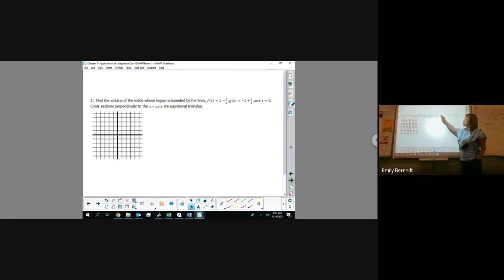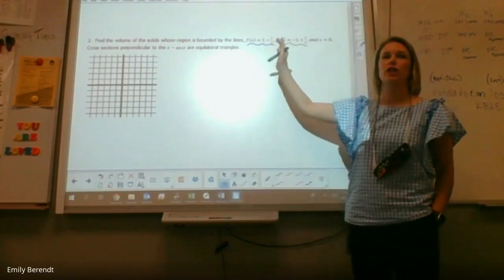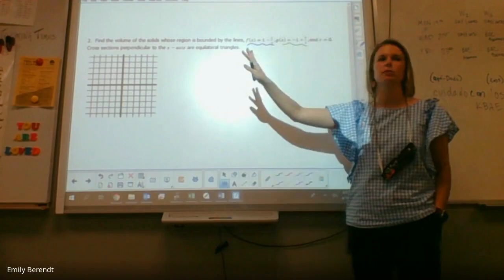I'm going to do the first equation in green and the second equation in blue, so we can see where our rectangles touch. So remember, f of x and g of x are just fancy for y equals. I'm going to rewrite that first equation so it's in mx plus b form.